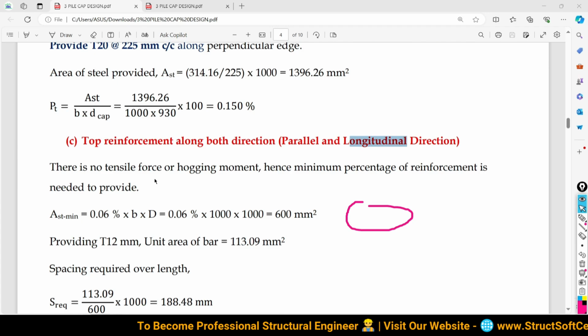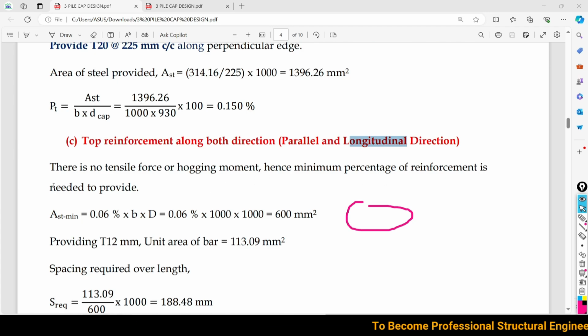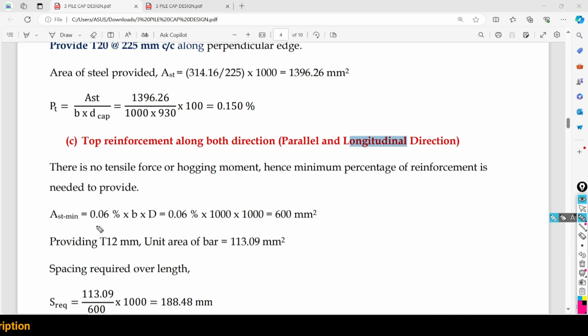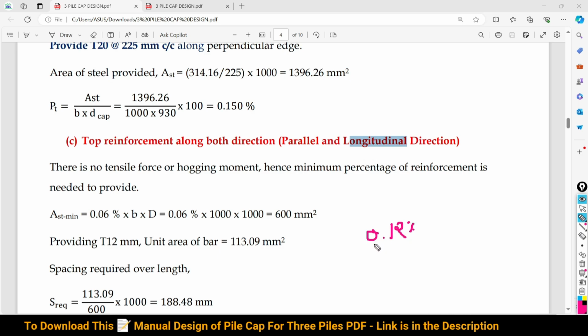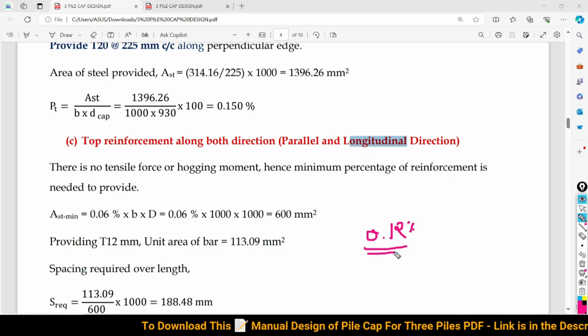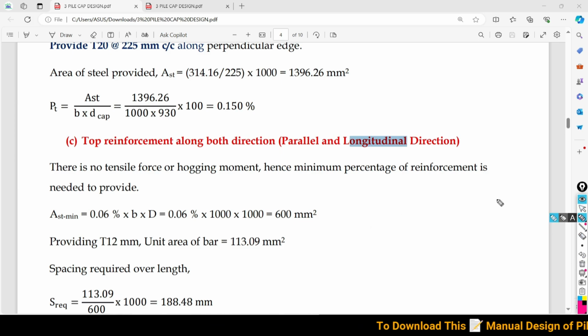Now next, there is no tensile force or hogging moment, hence minimum percentage of reinforcement is needed at the top face. So basically we are going to provide the minimum reinforcement, AST minimum, at the top face. Earlier we followed the minimum percentage as 0.12%, but for the top face where the design demand or negative moment is not there, the consultants provide half of the minimum reinforcement, because 0.12% is the minimum.